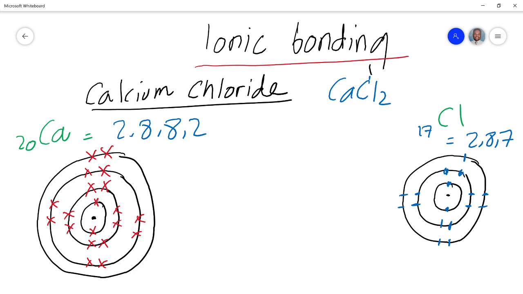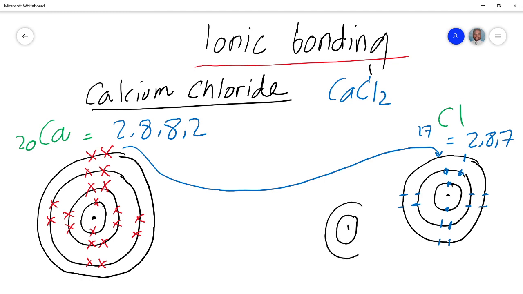So for chlorine to receive the other electron, it needs another atom there. So you've got 1 electron being transferred there, and you also need another electron transfer, so we need to draw another chlorine.